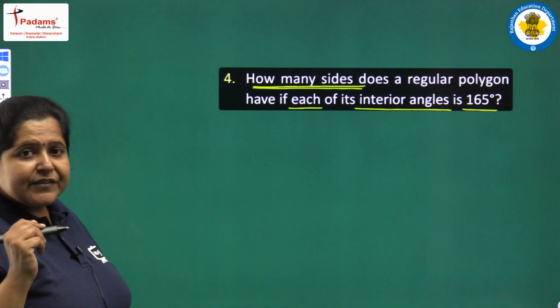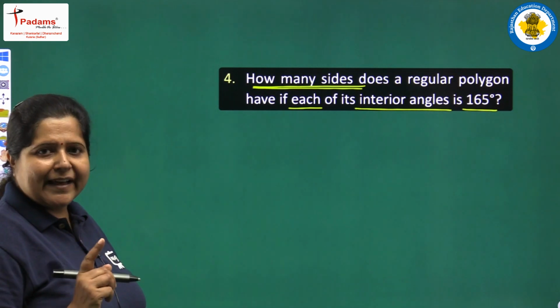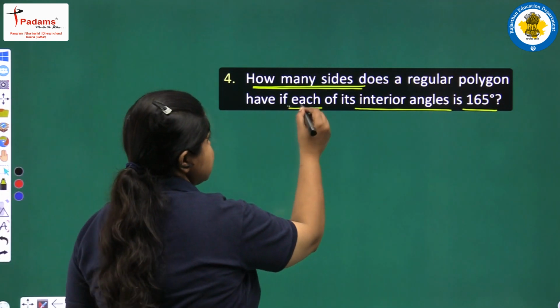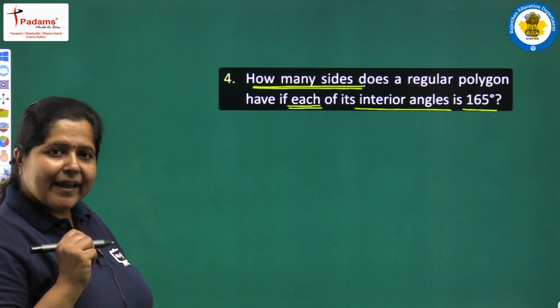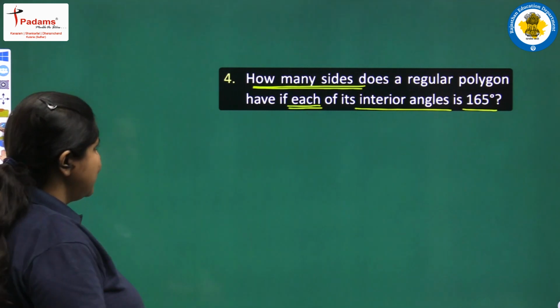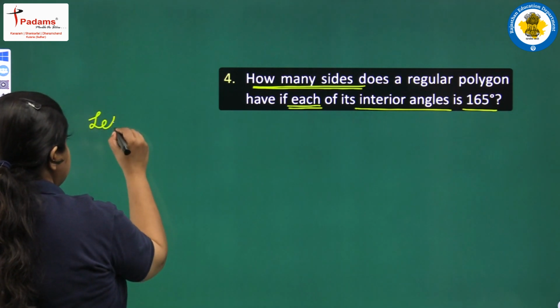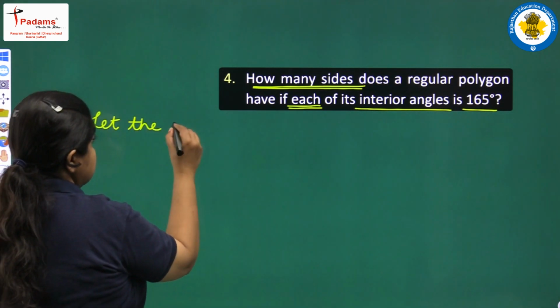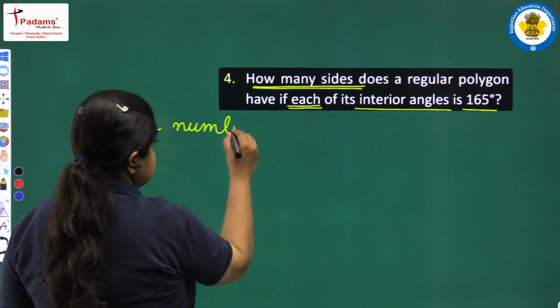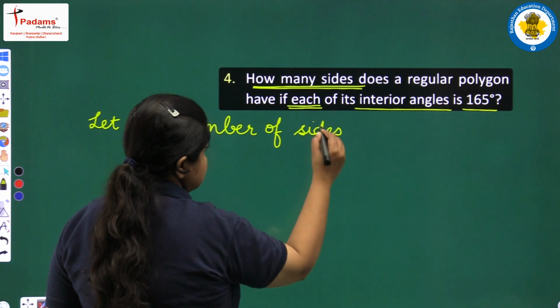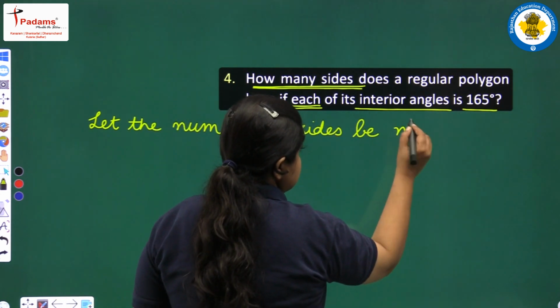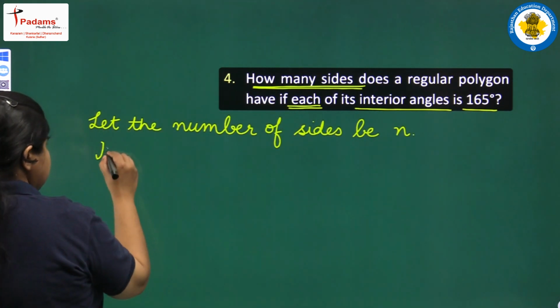Here we will use the formula for each interior angle because it is given in this question. So, first we assume the number of sides to be n, a variable n. Let the number of sides be n.